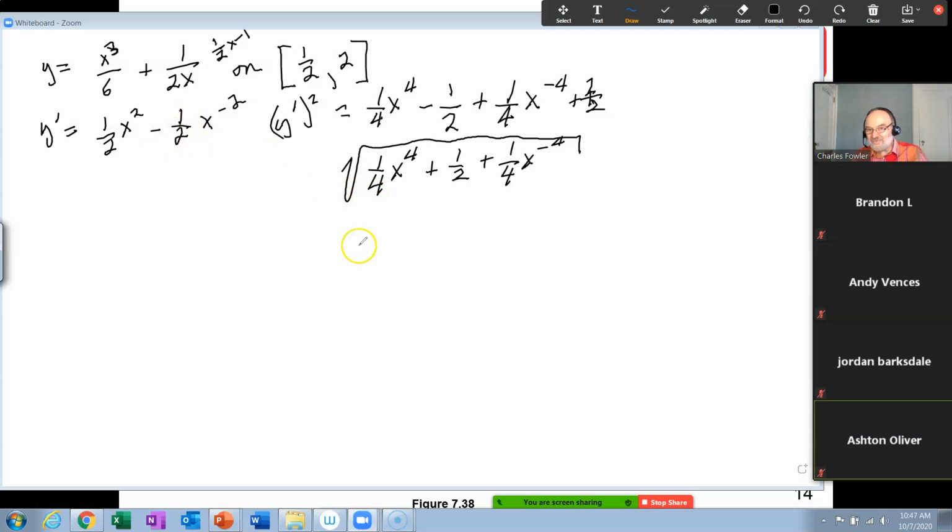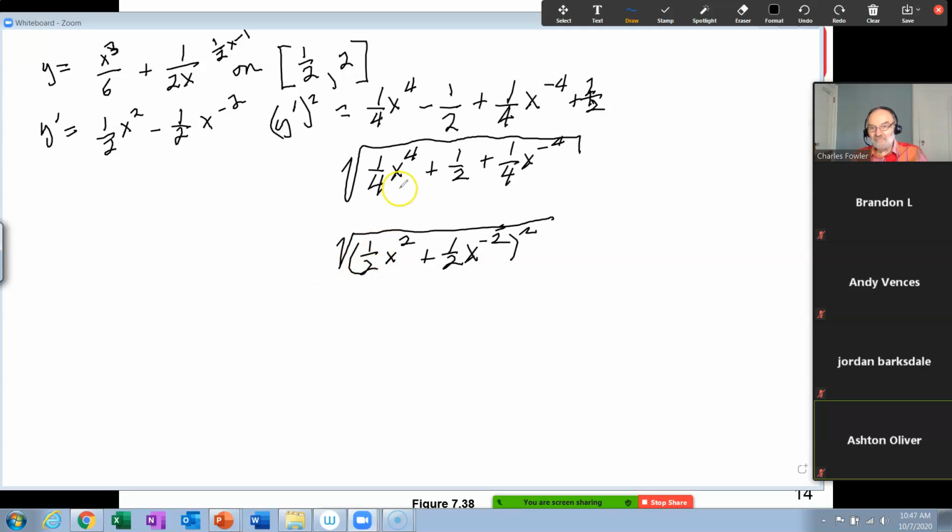So my contention is, and it's true, this is the square root of 1/2 x squared plus 1/2 x to the minus 2 squared.